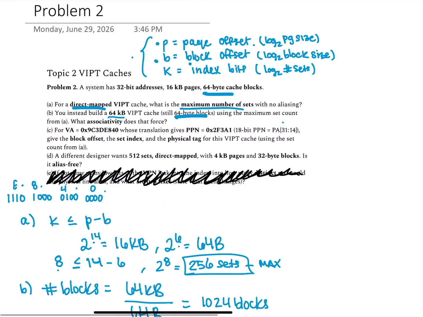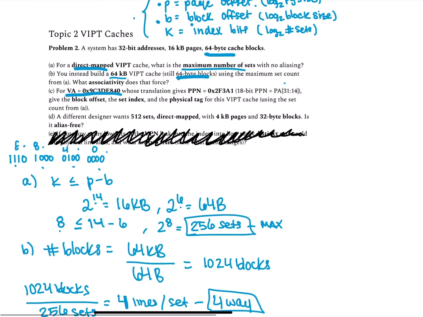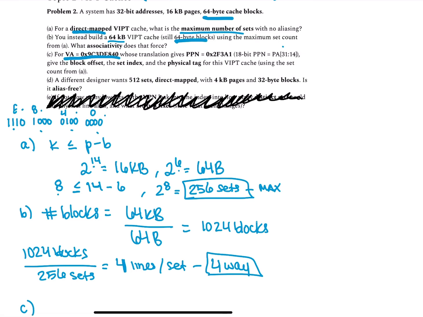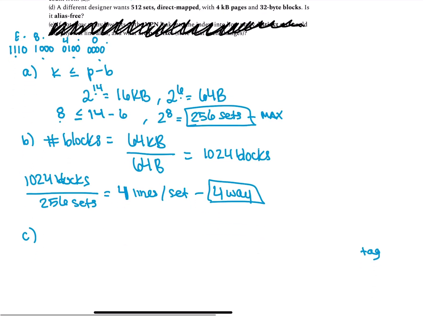Part C, we're given a VA, which I have decoded some bits of for you. The last 4 bytes I've put into binary. And we're given the PPN, which is just the physical address index from 14 to 31. We're asked for the block offset, set index, and the physical tag.